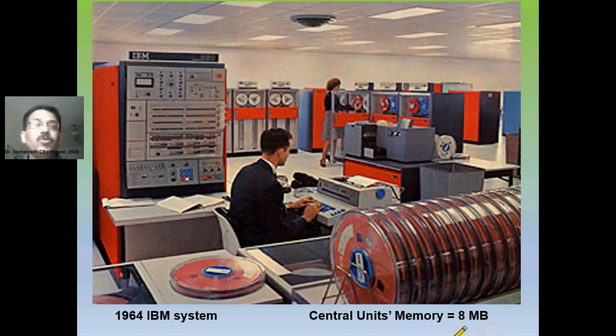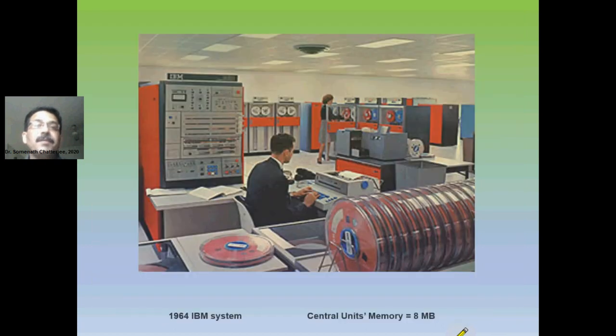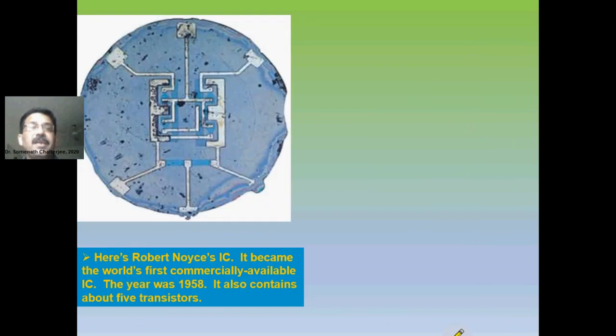And today, due to the advancement of the technology and using the top-down approach, we are able to shrink the device dimension. So how is it possible? Another way we can explain: in 1958, Robert Noyce made the first IC, integrated circuits. Only 5 transistors are assembled here.